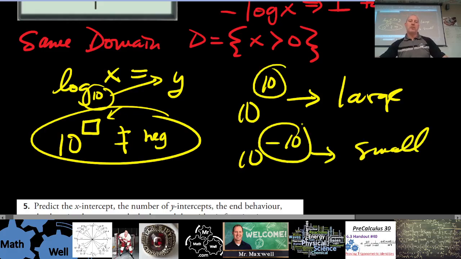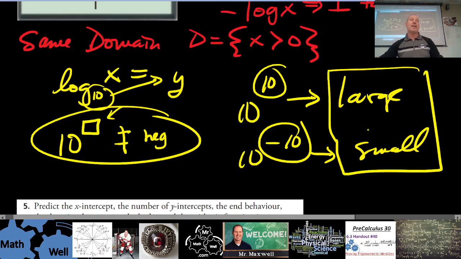But these exponents, if you change them around, will never make this value negative. So that means there are no x values that cause negative values here. So this can never be negative. It always has to be positive.